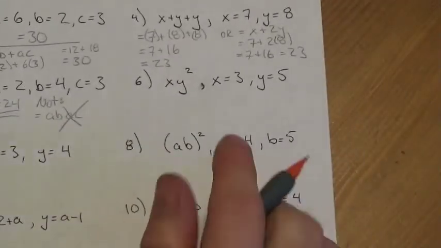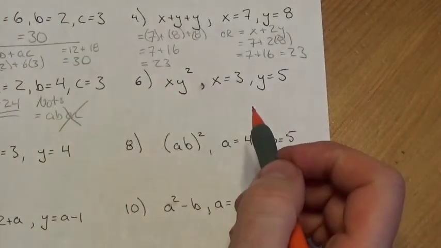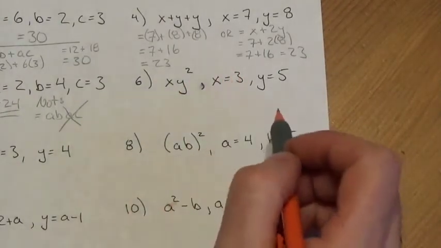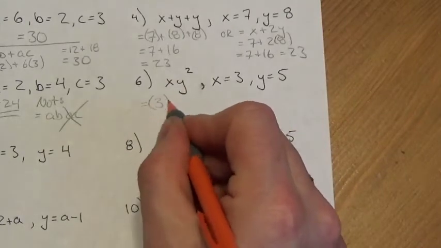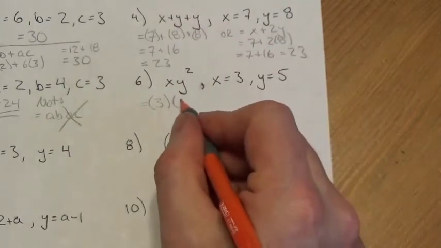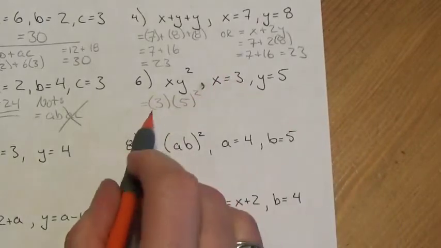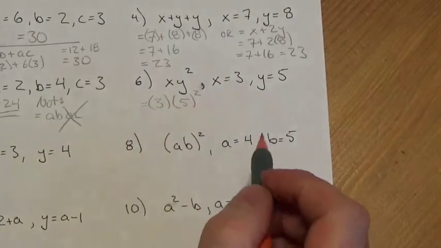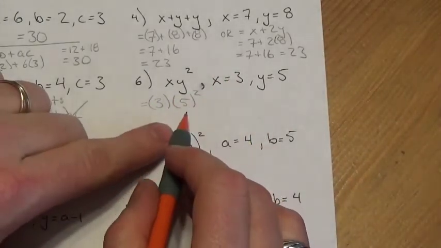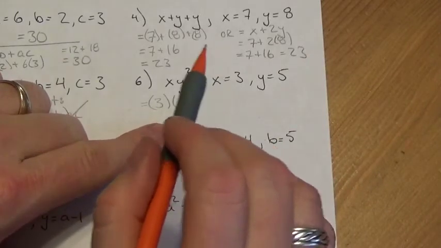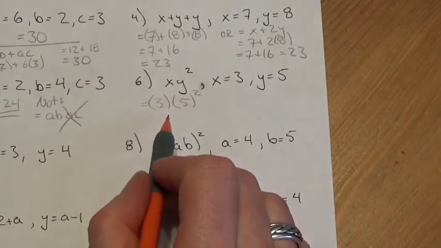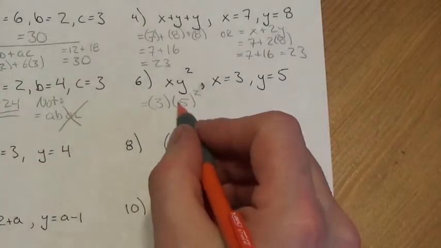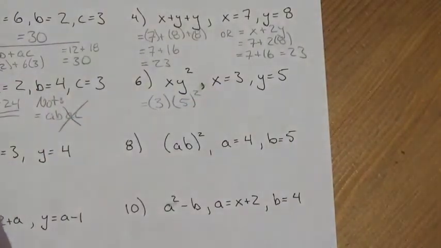Another issue that pops up: notice I've got x multiplied by y squared. X is 3, y is 5. When I make that substitution, and I'm going to put these in parentheses, this is really important: 3 multiplied by 5 squared. It's important to remember that in the order of operations, squaring comes first. So this is 5 squared multiplied by 3.